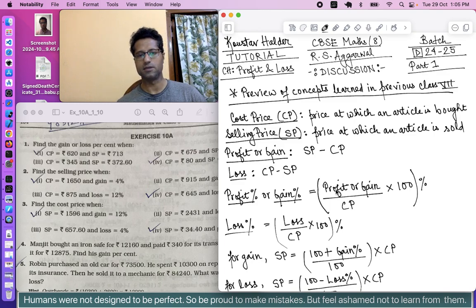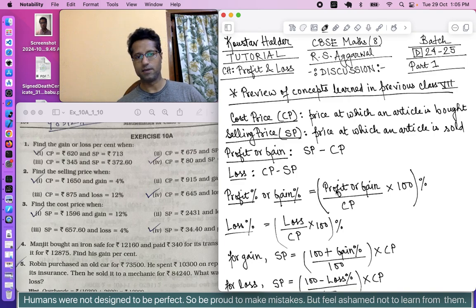That is abbreviated as SP. So SP stands for the selling price of an article, and CP stands for the purchase price of an article.